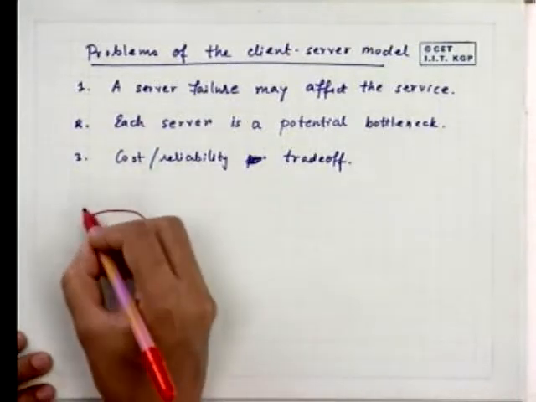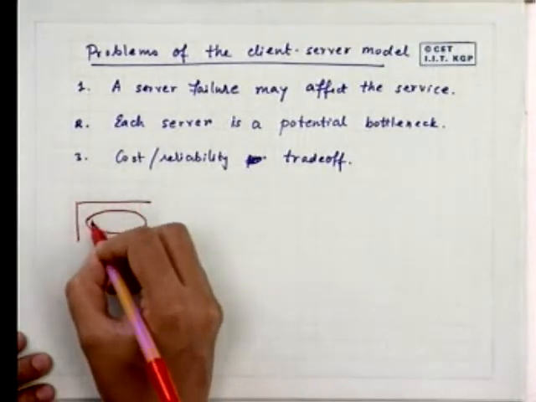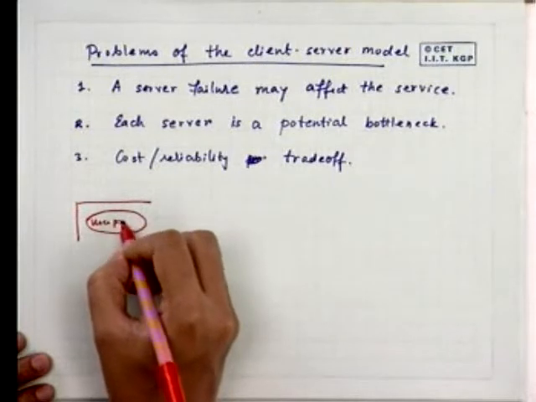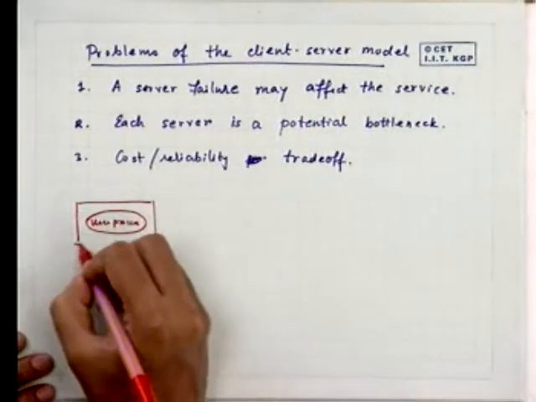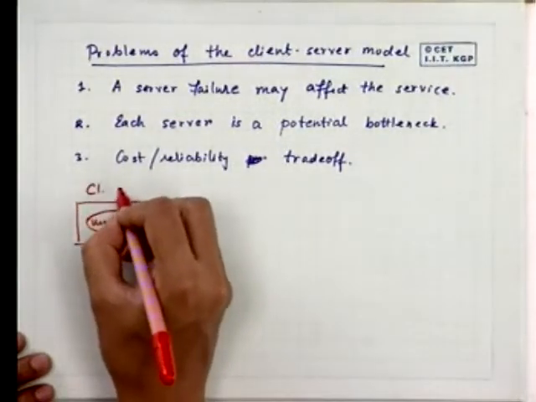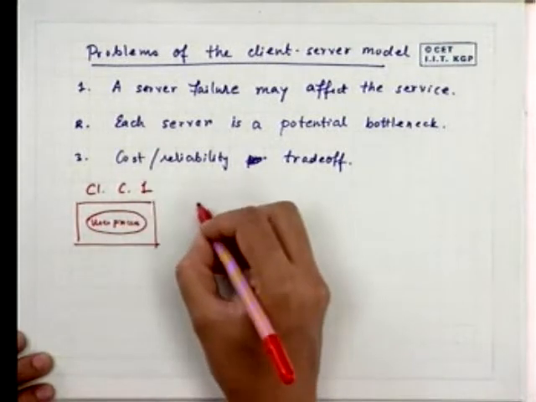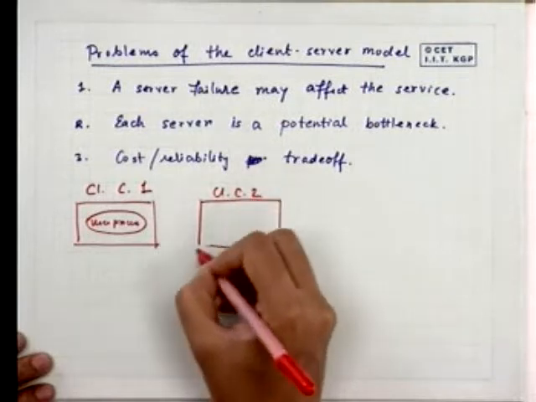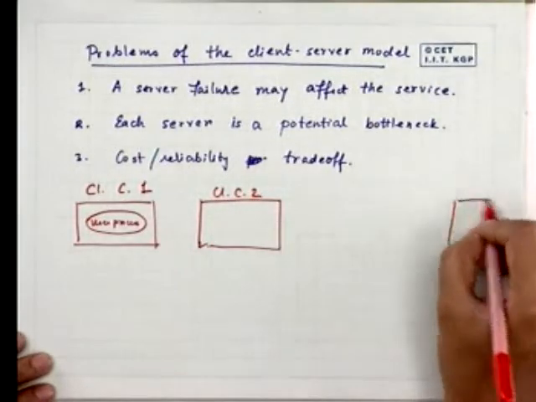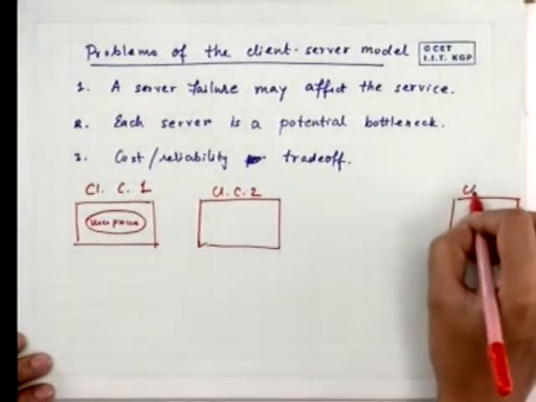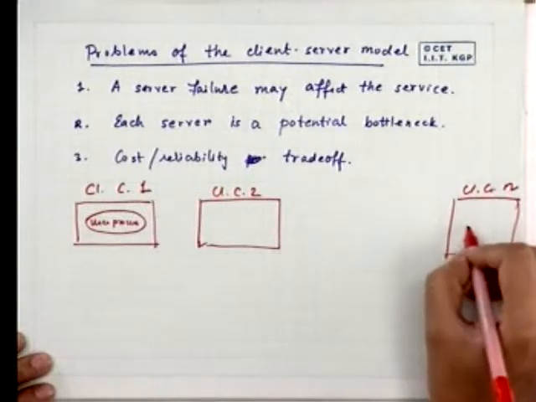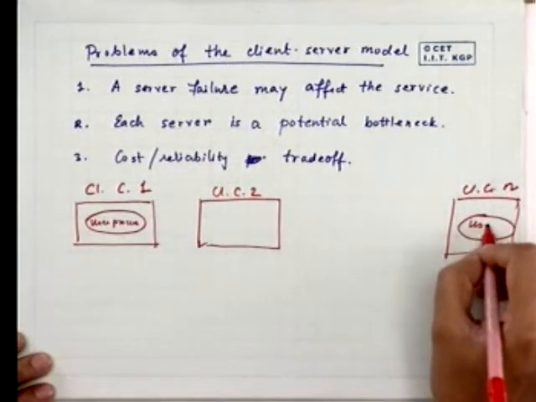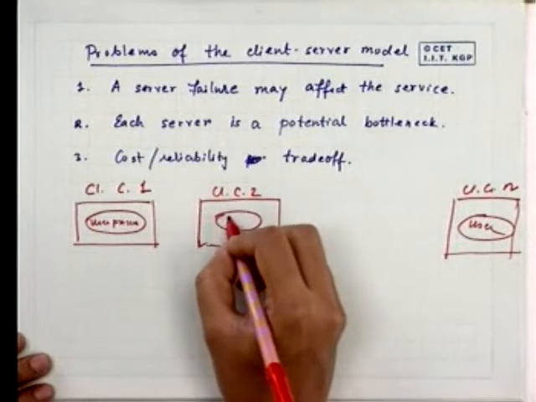Suppose these are the different client computers. These are user processes. This is client computer 1. This is client computer 2. And we have client computer N, each having user processes.